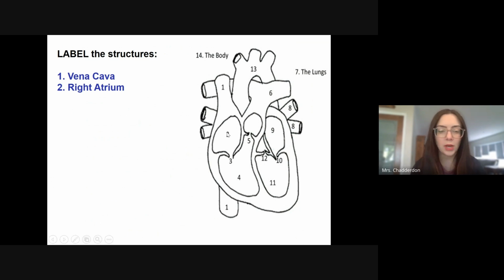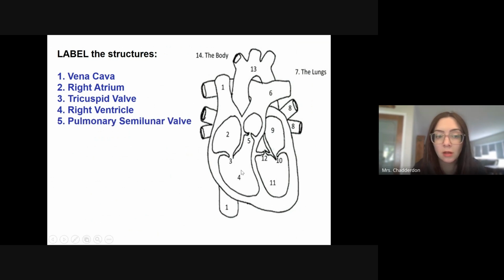Okay, right atrium. Number 3, this is a valve that pumps blood from the right atrium into this space here, the right ventricle. It's called the tricuspid valve. Then we have this space, number 4, is the right ventricle.